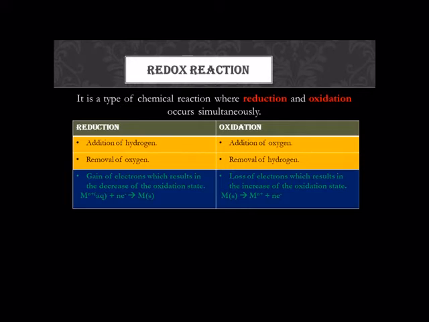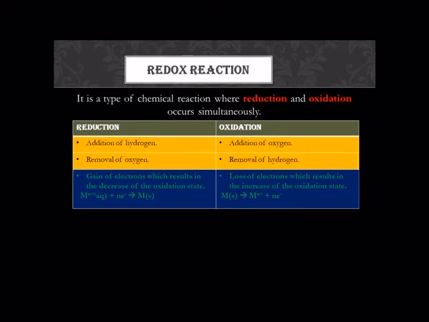So reduction simply means the gain of electrons. When a particular metal ion gains electrons, its oxidation state decreases. And during oxidation, the metal loses its electrons, so the oxidation state is increased. So gain of electrons is simply reduction, and loss of electrons is oxidation.